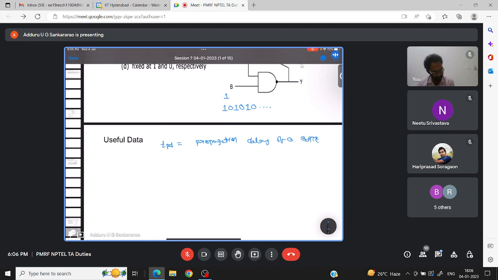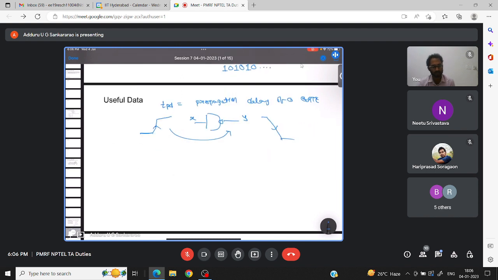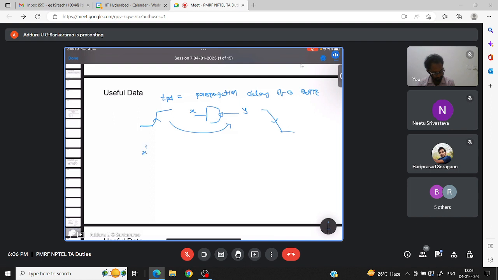That means some gate is there. Suppose some input you are giving, some output you are getting. Let us say input is changing from low to high or high to low. Then the output has to change, let us say, from high to low. That transition will not take place immediately. It will be done after some time.